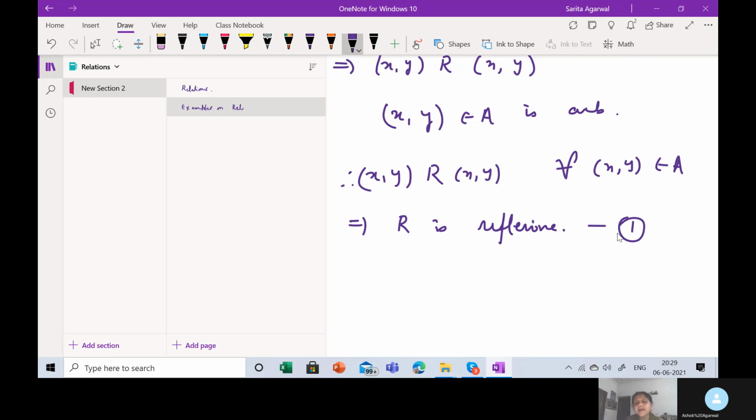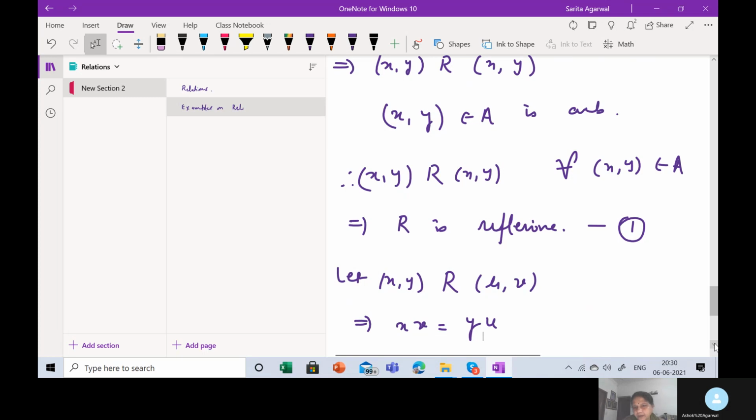Second property, that it is symmetric. Let (x, y) and (u, v) belong to A, with (x, y) related to (u, v). This is given to us, right? That means xv equals yu.